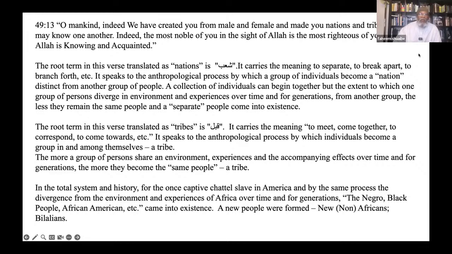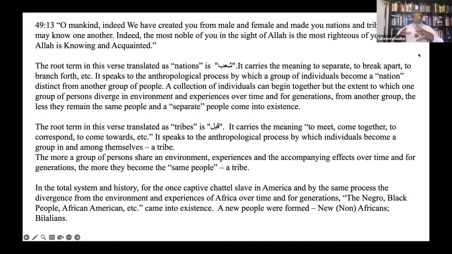It speaks to the anthropological process by which a group of individuals become a nation, distinct from another group of people. A collection of individuals can begin together, but the extent to which one group of people diverge in an environment and experiences over time and for generations from another.